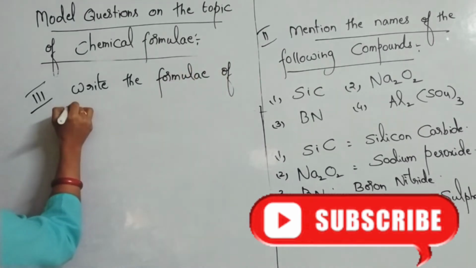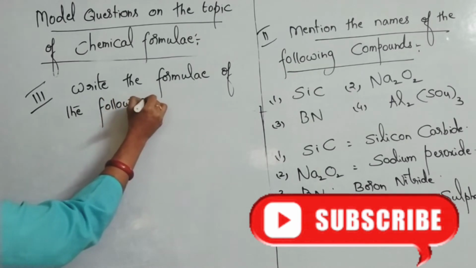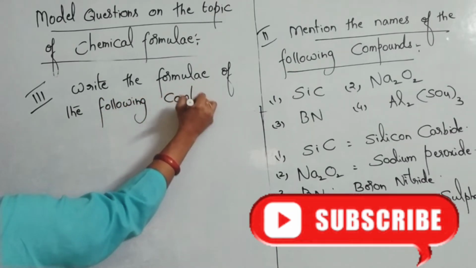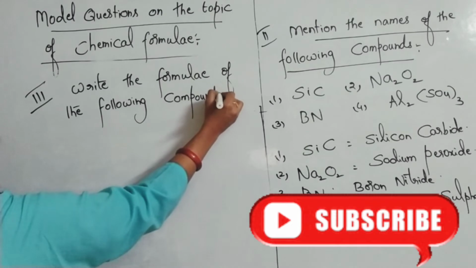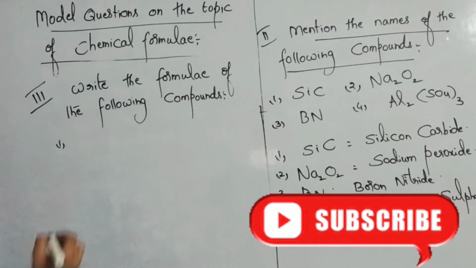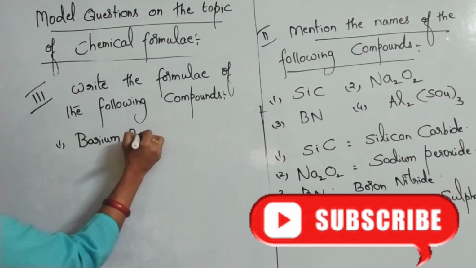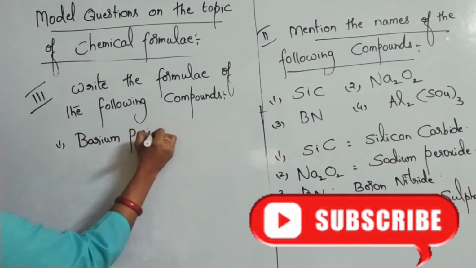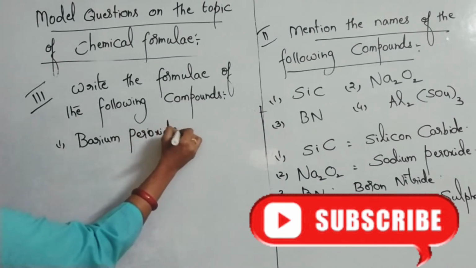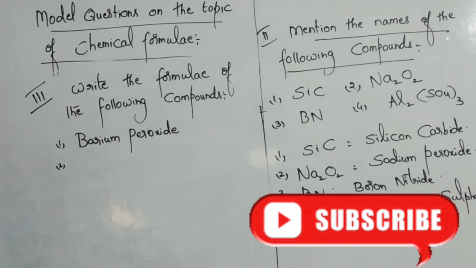Write the formula of the following compounds. First one, what is given? Barium peroxide. And then ammonium carbonate.